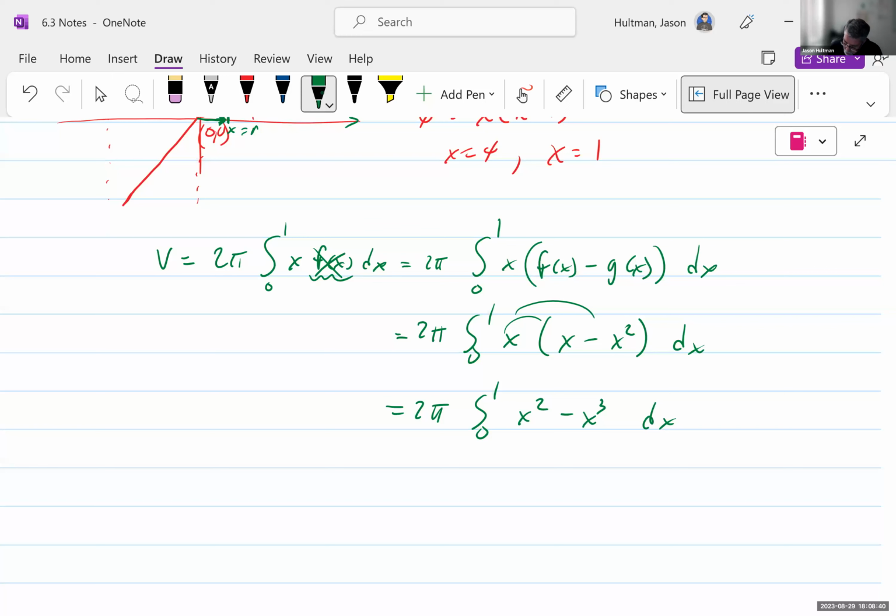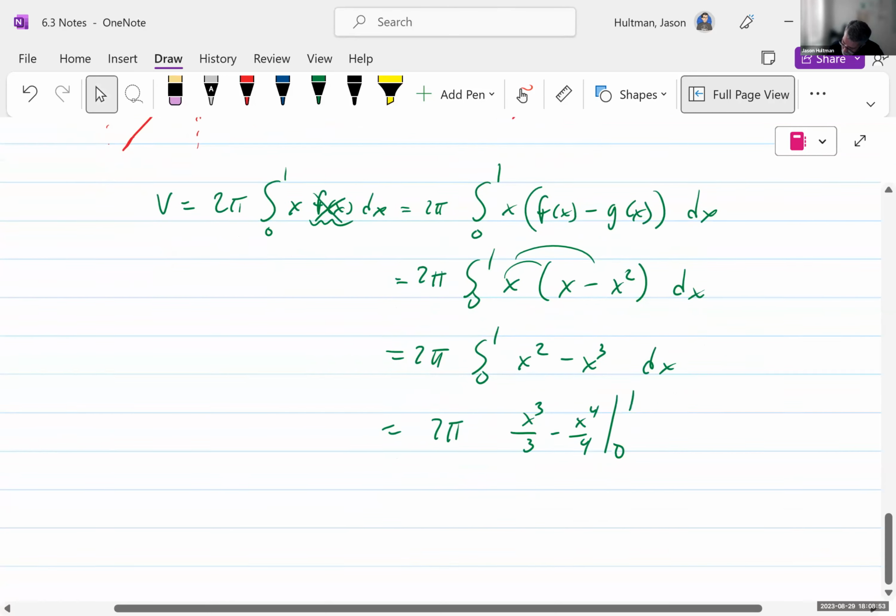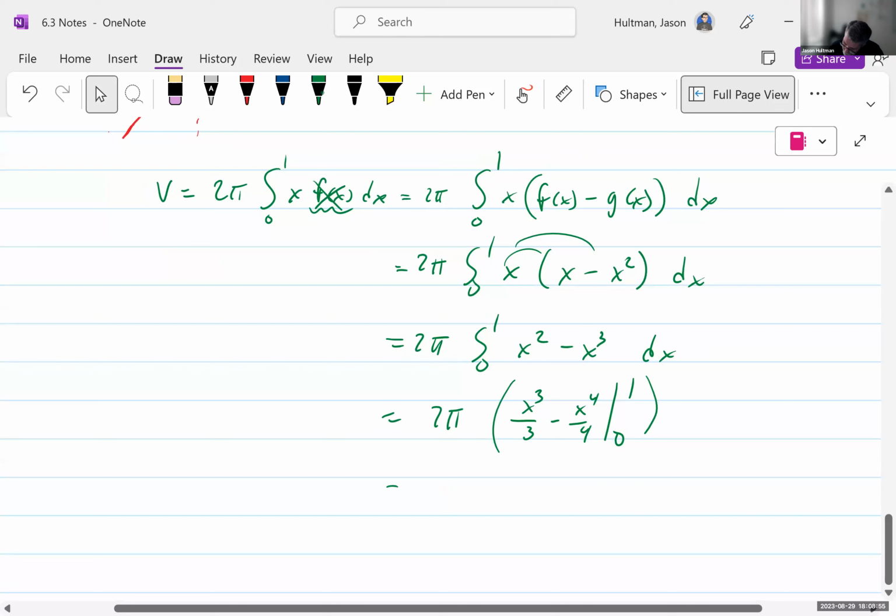Not too tough. 2 pi, from 0 to 1, that's going to become x cubed over 3 minus x to the 4th over 4, from 0 to 1.